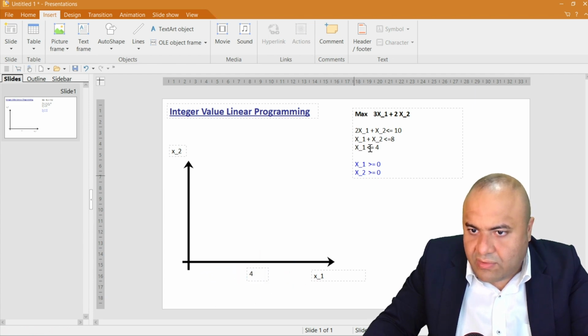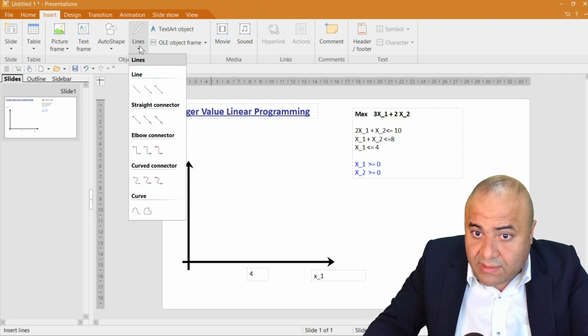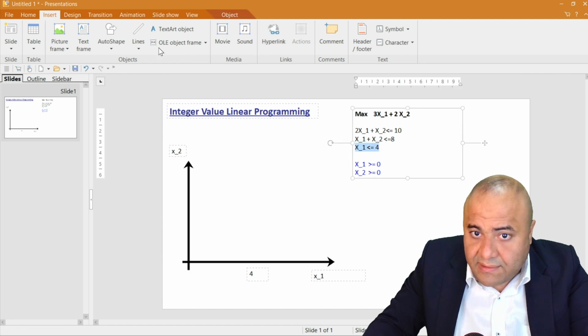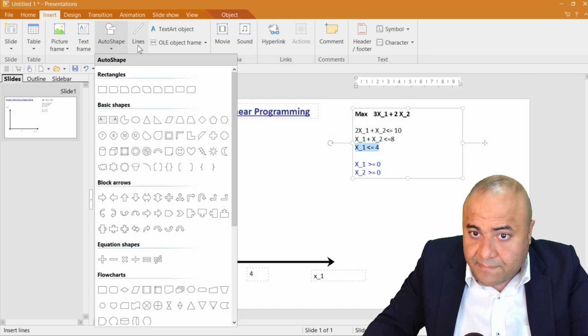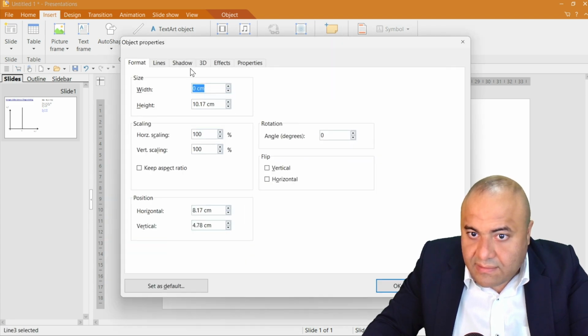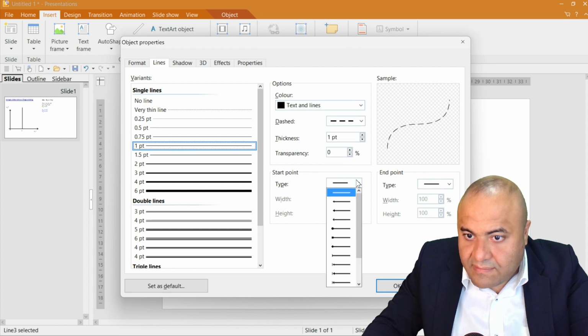So here is 4, and we know x1 is less than or equal to 4. So let's have this one. We put a line that extends from here. Let's take this line and we can make it like this.